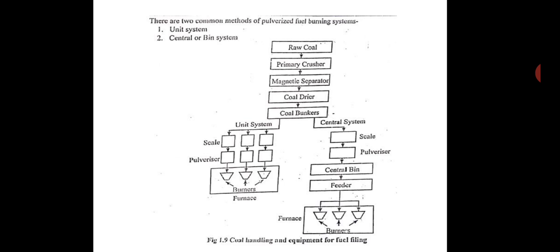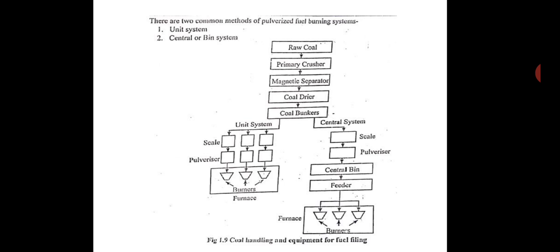In the unit system, each burner and pulverizer constitute a unit. It consists of a raw coal bunker, a feeder, a pulverizing mill, a separator and a burner, as shown in the figure.